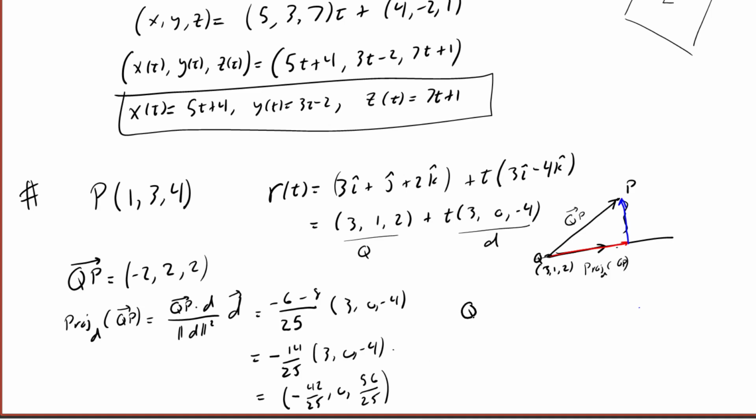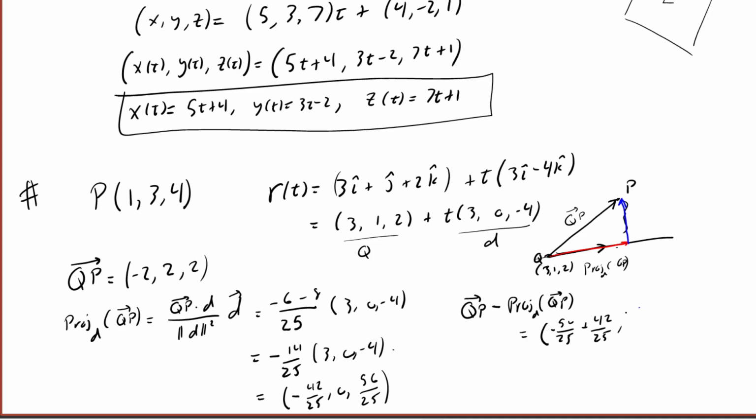So if I do QP minus the projection, this is going to give me, so I have minus 2, I'll write this as 50 over 25. So I'm doing, so it should be minus 50 minus 42 over 25.